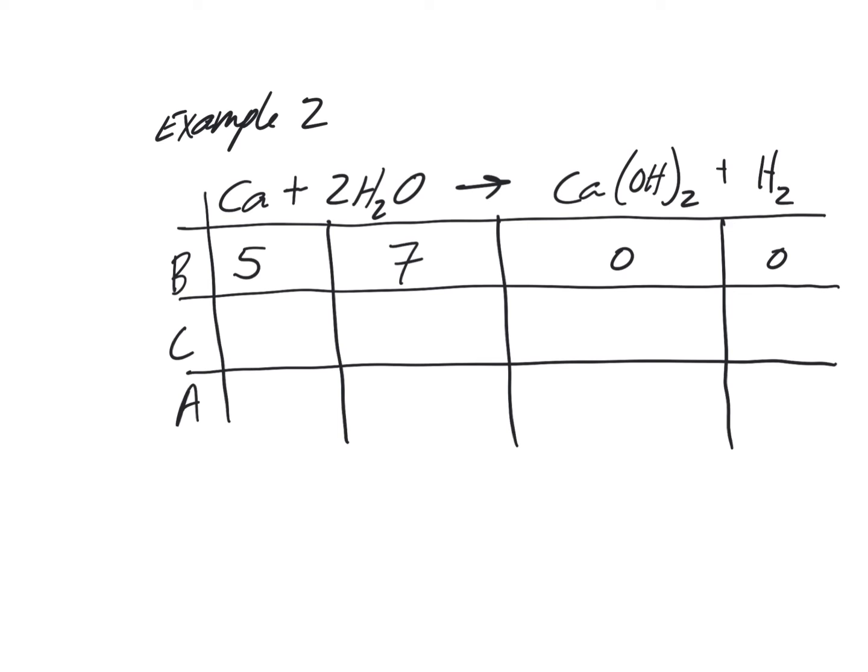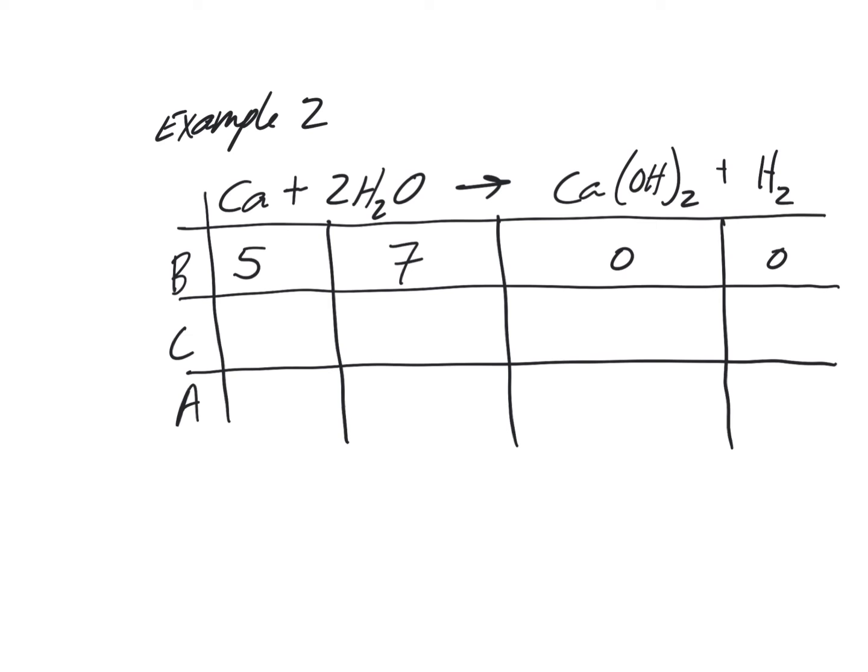This is a 1 to 2 ratio. If I'm going to use 5 calciums, I'm going to need 10 waters. And that can't be possible. I cannot take 10 out of 7, right? So water is not going to be the limiting reactant.